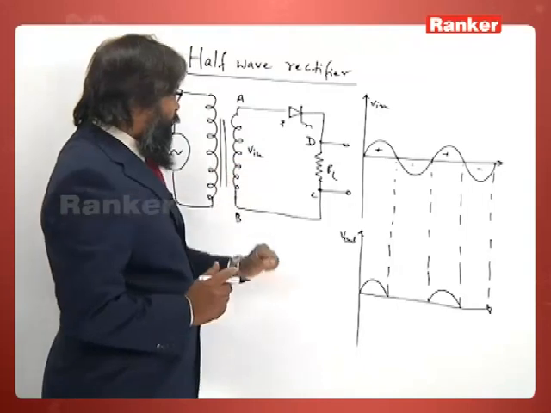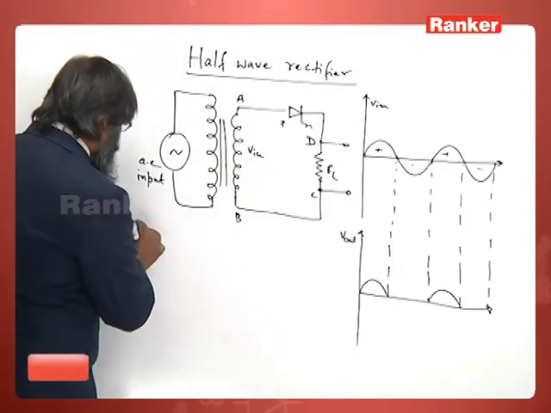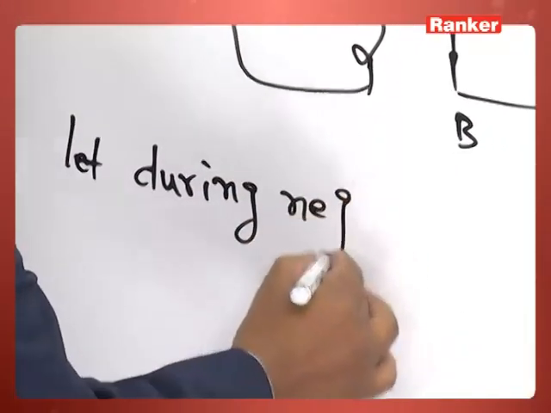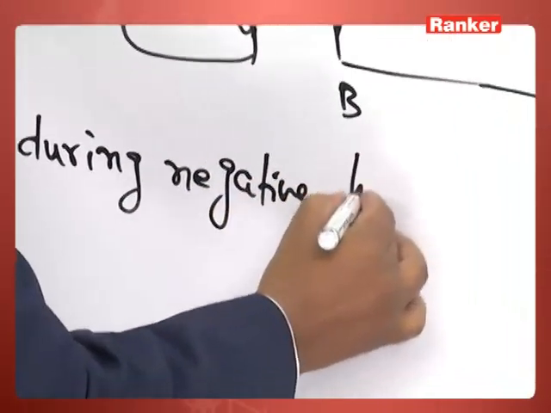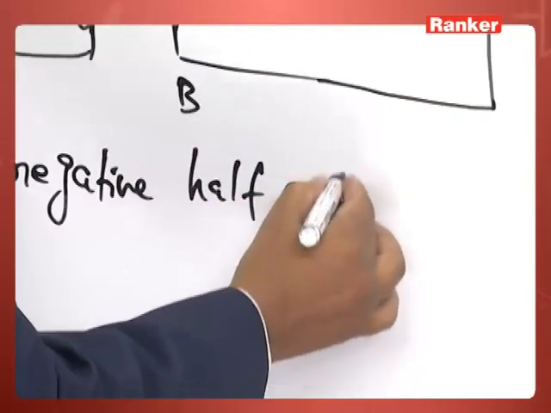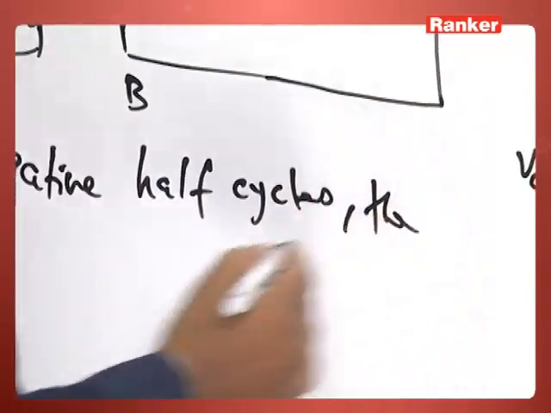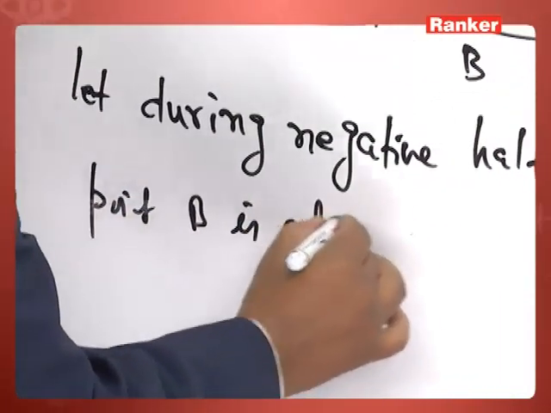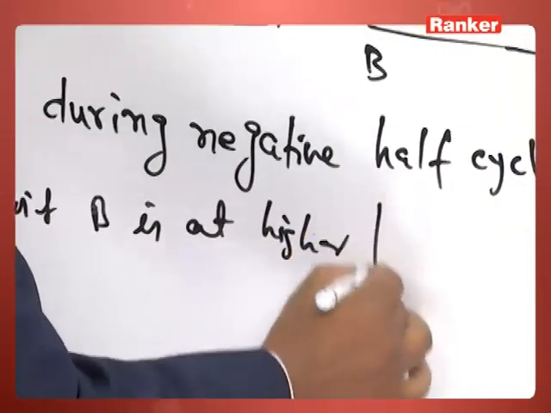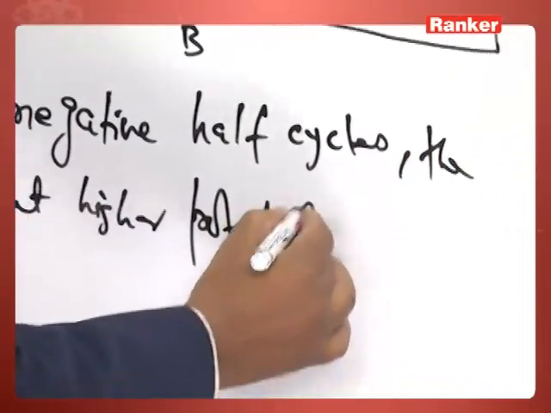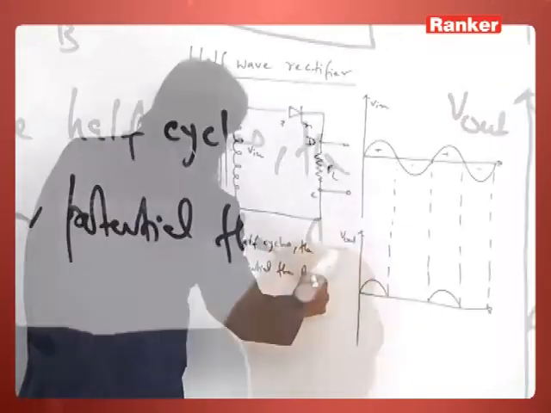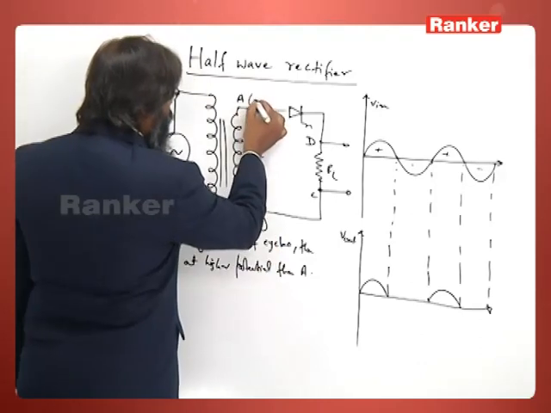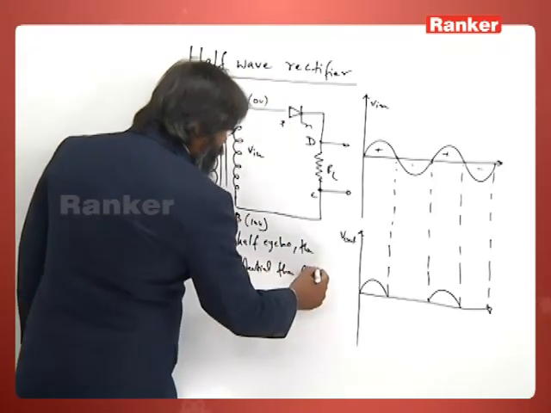Now, let us see what happens during negative half cycles. During negative half cycles, the point B is at higher potential than A. Suppose this is 10 volts and this is 0 volts. What happens?